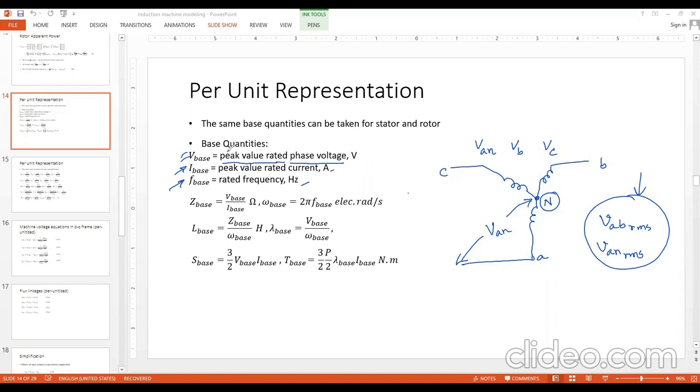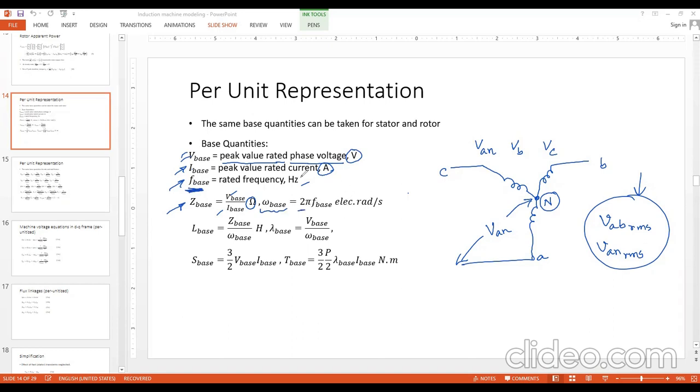And once you have the base quantities set for voltage, current, and frequency, you can easily manipulate the base quantities for the other remaining quantities, like the Z base is simply V base by I base, and the unit V by I, volt per ampere, that is ohm. Omega base, angular base frequency, would depend purely on the F base multiplied by twice pi.